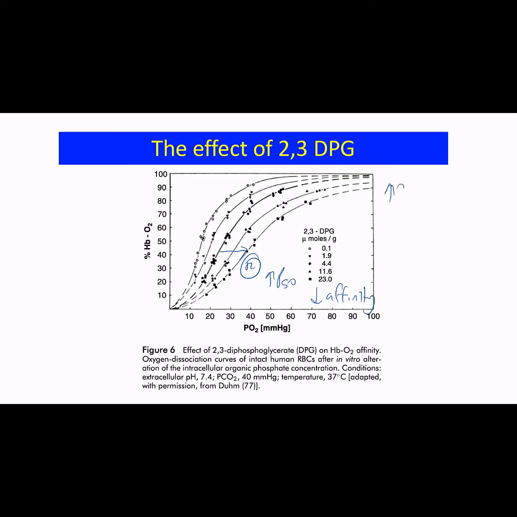And what leads to increased 2,3-DPG? Well, 2,3-DPG is increased by chronic hypoxia, so in patients at altitude. It's also increased by metabolic alkalosis or intracellular alkalosis, by low hydrogen ion concentrations within the cell.